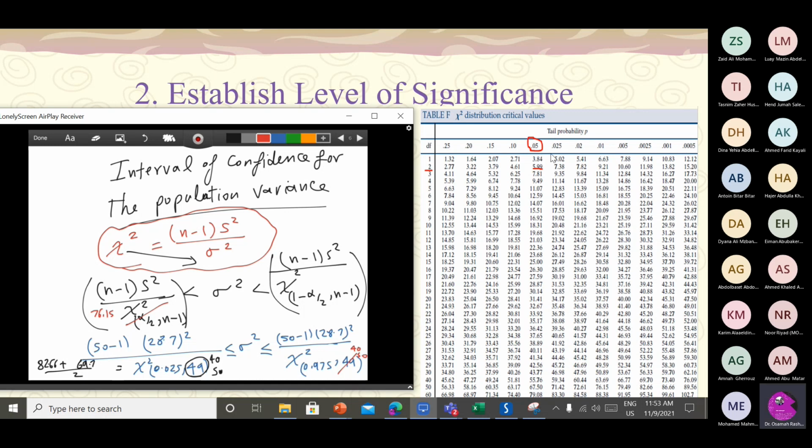So what's the equivalent of 0.975? 1 minus 0.975. Doctor, again, chi-square is positive, right? Yes, it is positive.